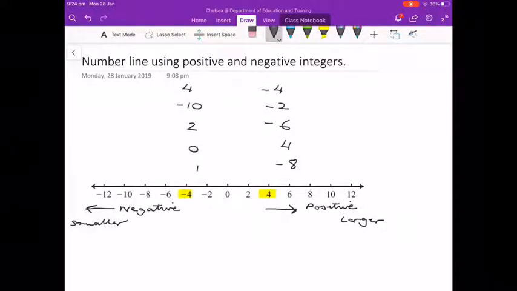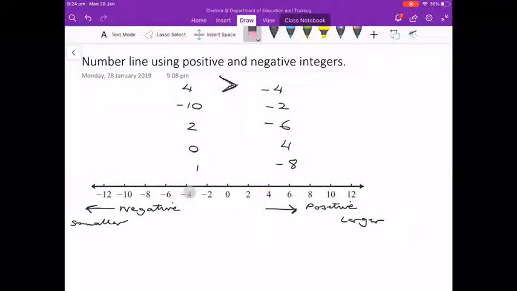Now 4 is actually greater than -4 because it's on the right hand side. Remember how we said before, the closer a number is to the right, the larger it is. So 4 is greater than -4. Now the reason I'm saying greater is imagine that this symbol here is alligator teeth. They will always eat the larger figure.